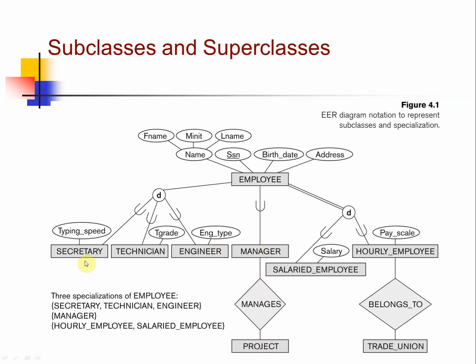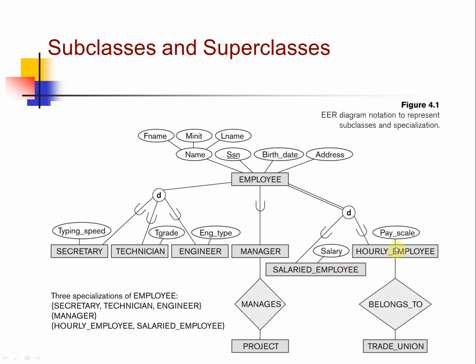On the other side, when we look into different job types, you can see that secretary has their own local attribute, the typing speed, only relevant to the secretary. Technician grade is only relevant to technician, just like engineer type is only relevant to engineer.